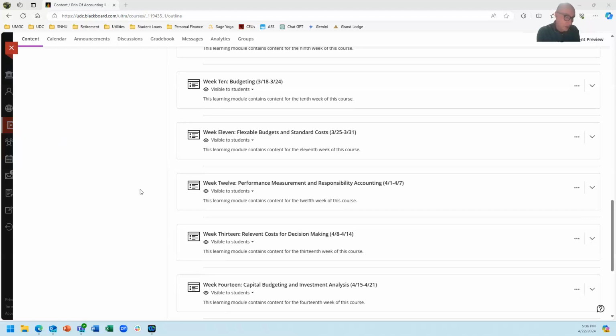QuickBooks is essentially a database for managing accounting information for a company in a very simple sense. But even more so than that, it's a tool that not only accountants use, but also small business owners, medium-sized business owners, businesses across the entire spectrum, whether it's a sole proprietorship, a partnership, an LLC, an S Corp, a C Corp, or anything in between.